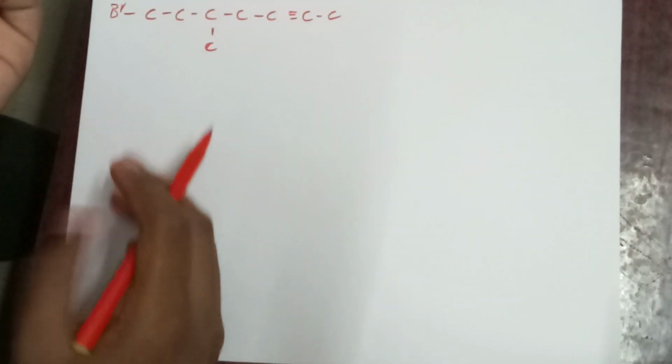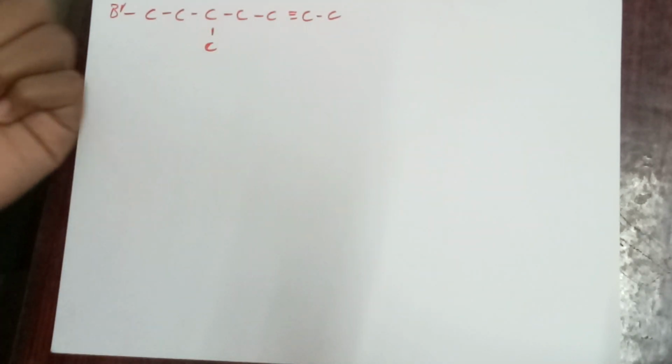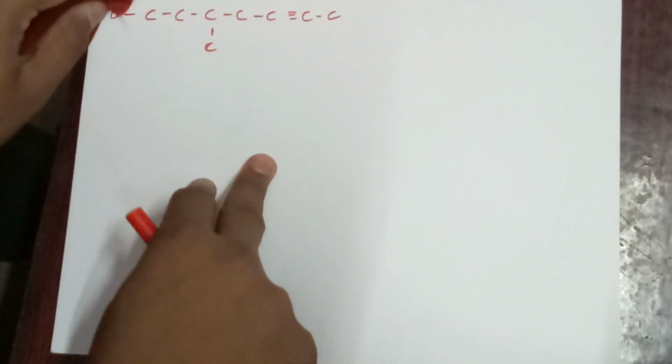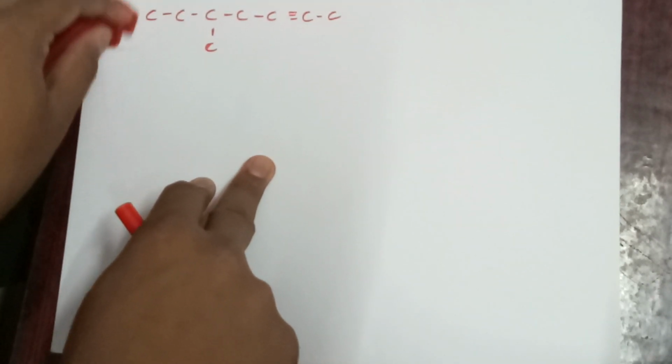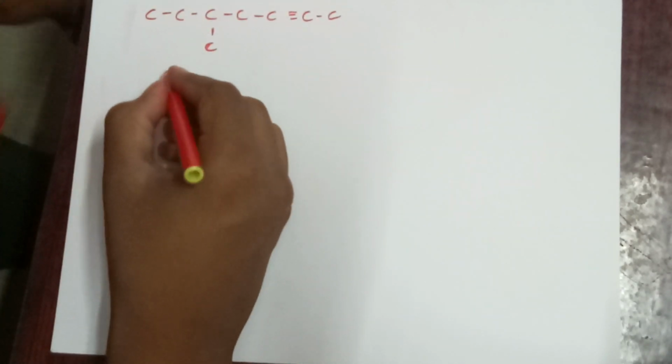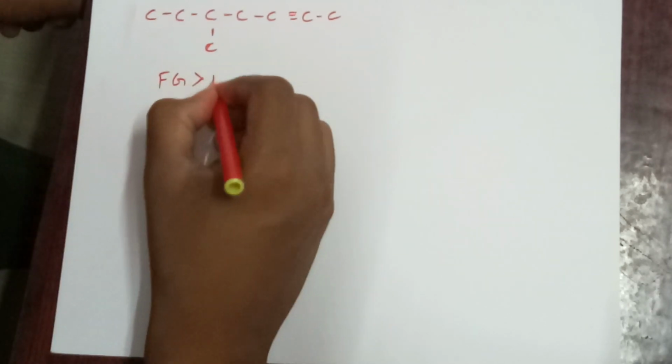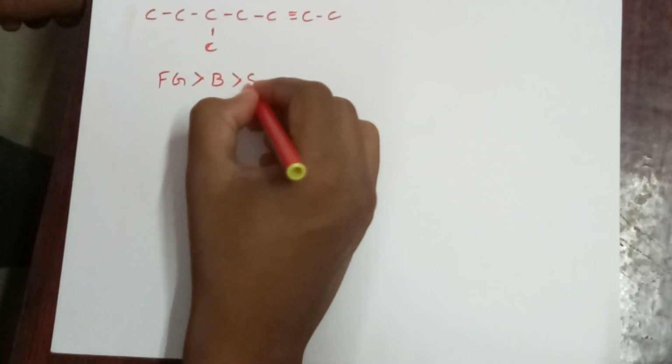If there is Br here, from which side are you going to count? The bond is this side, so the nearest for the bond will be here, for the functional group the nearest will be here. So which one are you going to consider? There is also a rule. First, functional group is given importance, then bonding is given importance, and then substituents are given importance. You must never forget this.